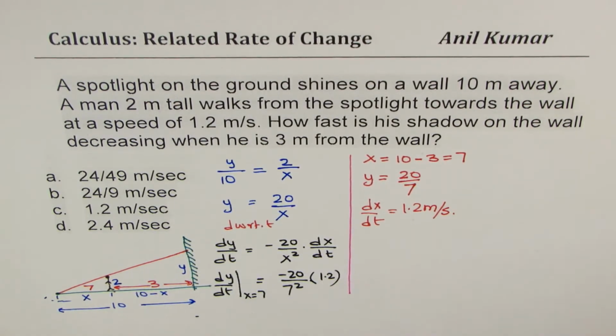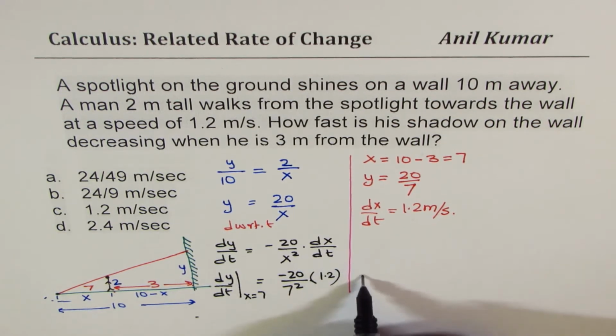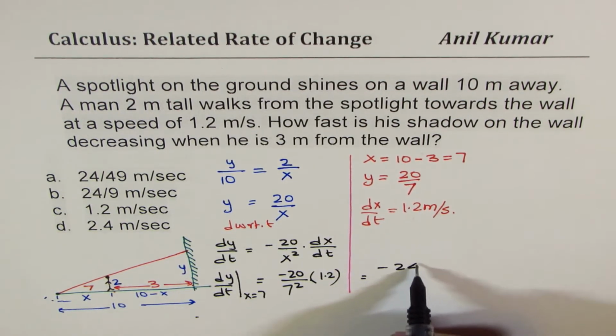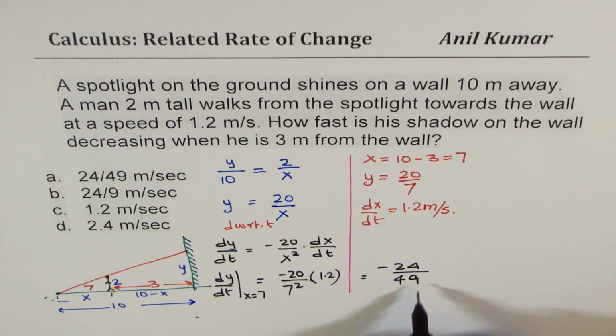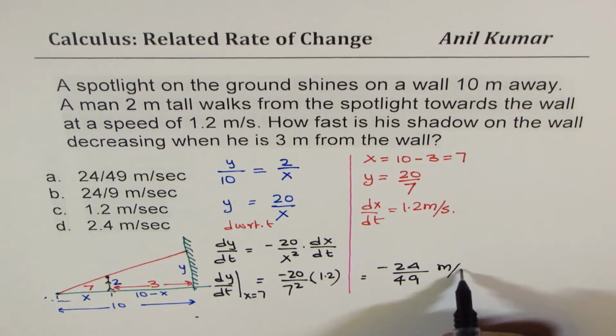So that becomes the answer, right? So it gives us 24 over 7 squared, which is 49, right? So that becomes the answer, which is minus 24 over 49 meters per second.